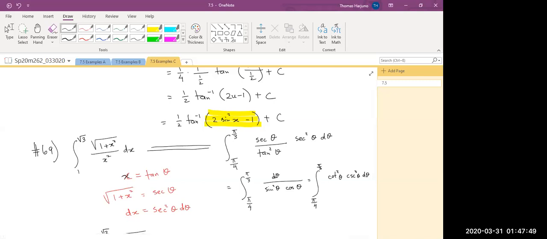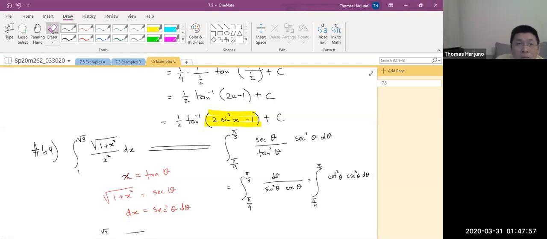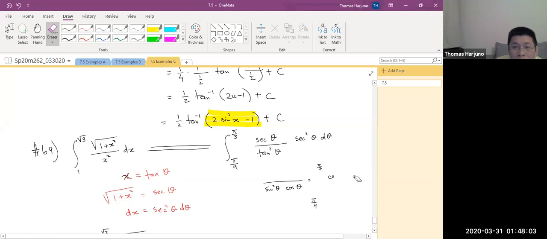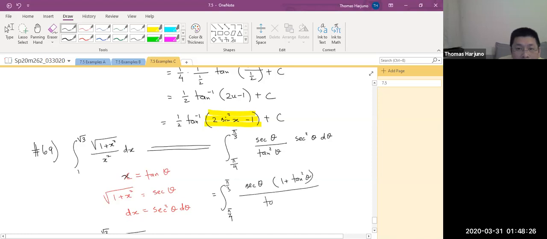Is there a way to change the secant squared theta to tangent squared theta plus 1? Oh, let's see. So this is the integral from pi over 4 to pi over 3 of secant theta times 1 plus tangent squared theta over tangent squared theta d theta.